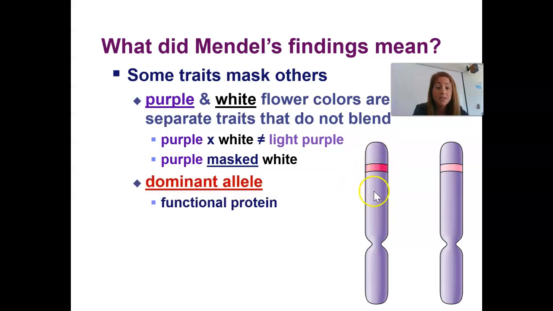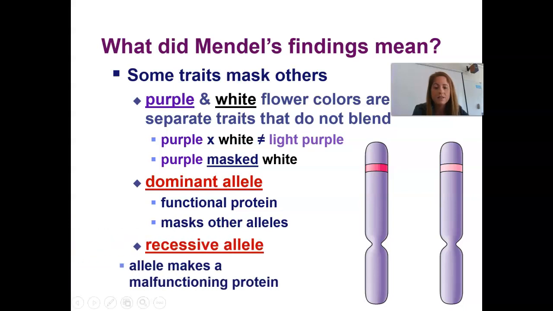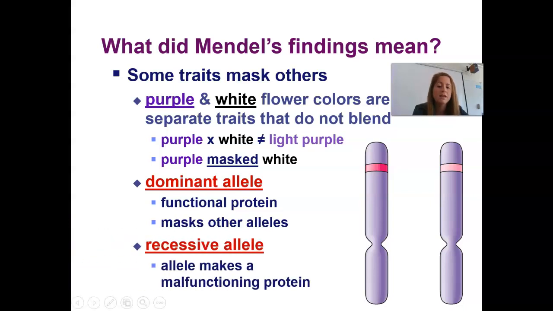And this really means that the dominant allele is the functional protein, and the recessive allele is not functioning or not being expressed to the same extent as the dominant allele. The recessive allele obviously makes a protein that's either malfunctioning, although more likely that it's just being masked by the other one. Having that purple allele makes the white allele not really be seen.